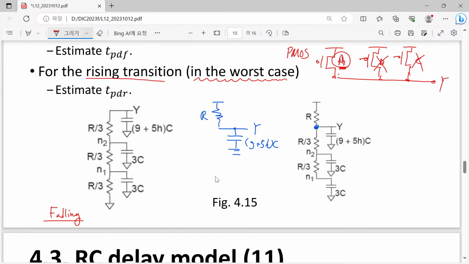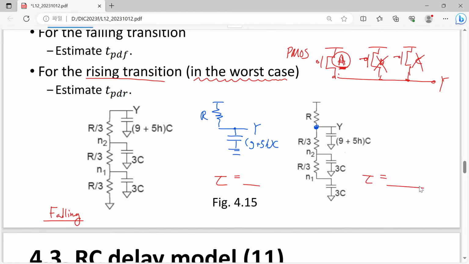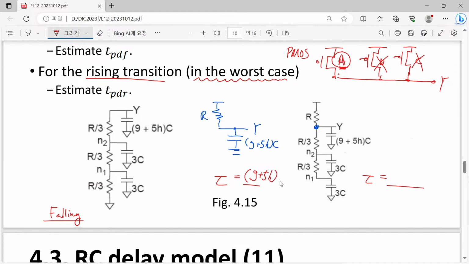Please calculate tau for this system, and please calculate tau for this system. What is the answer? In this left side, you can immediately understand the answer will be 9.5H times RC.